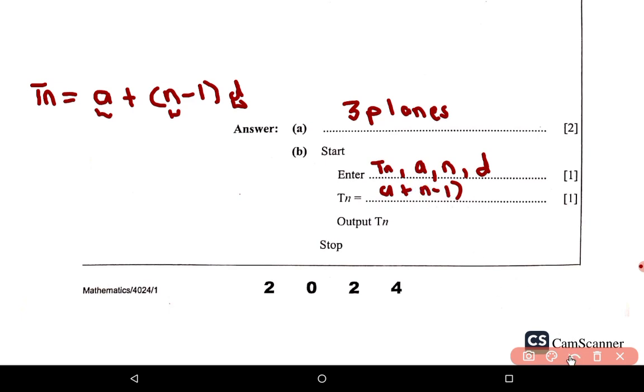Sorry, let me just write this nicely. Then output Tn, and this is all that you have to do in this question. Okay, that is all. So we go to the next question.